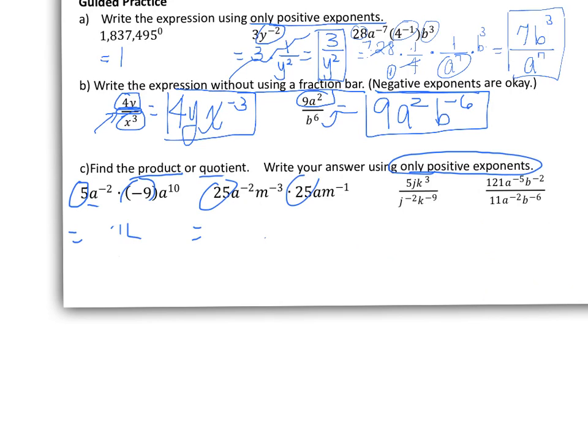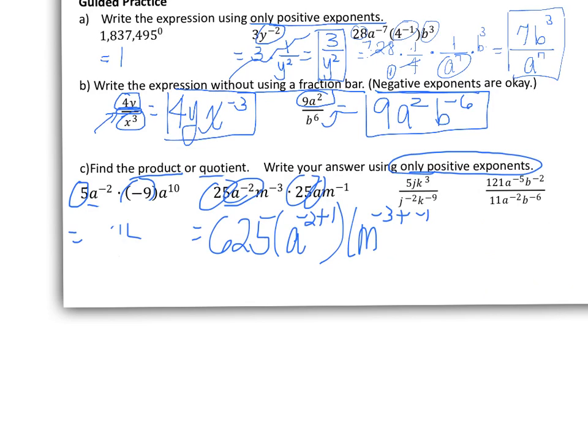25 times 25 gives me 625. Now, let's look at a to the -2 power and a. And I can do a to the -2 power plus 1. Okay? And then I can do m to the -3 power plus -1. Okay?